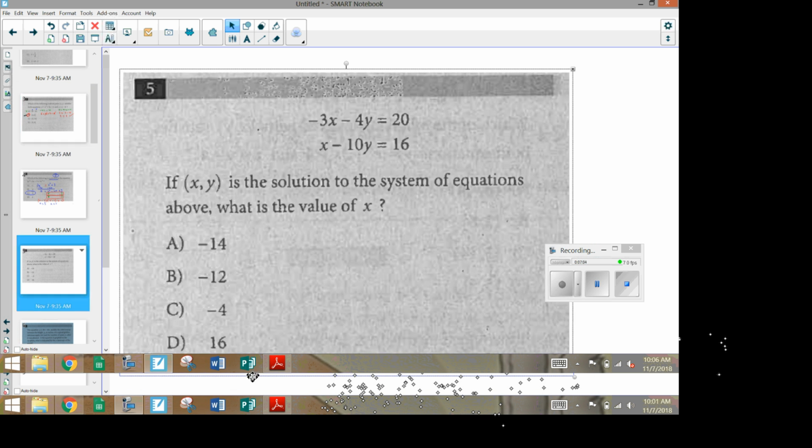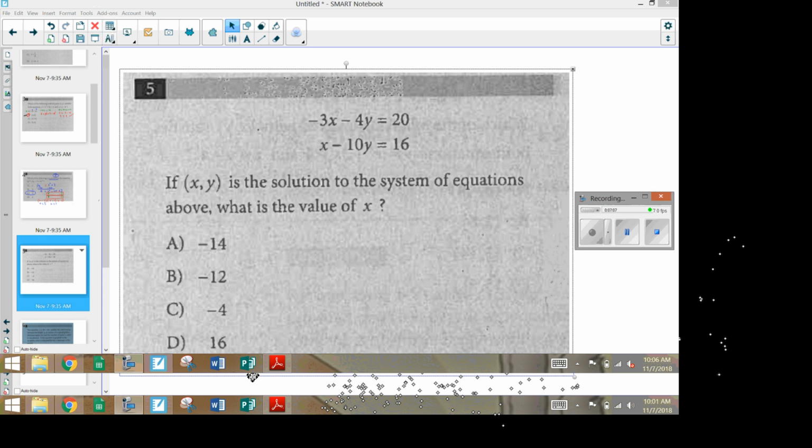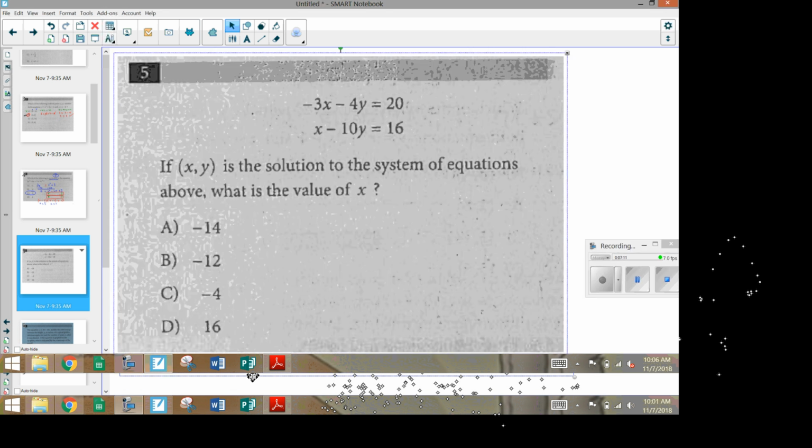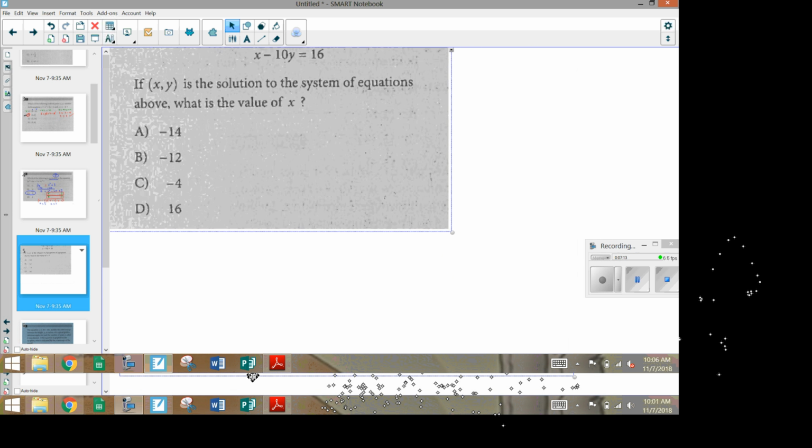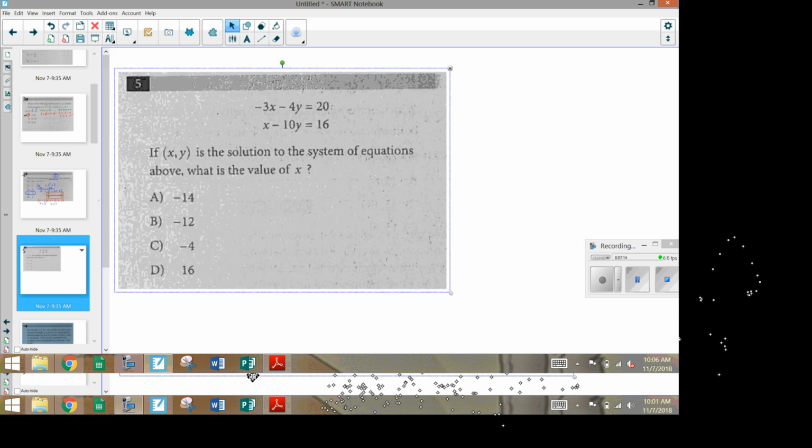So still you can try to plug in, but I personally prefer to solve this one with the elimination technique. I'm going to eliminate x's here. As you see, 3x and x can be canceled out somehow, but when you look at y's, they are not as compatible as x's.